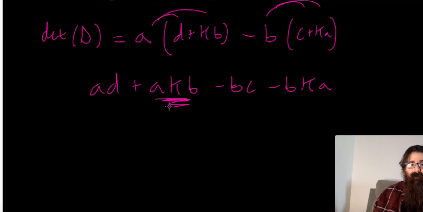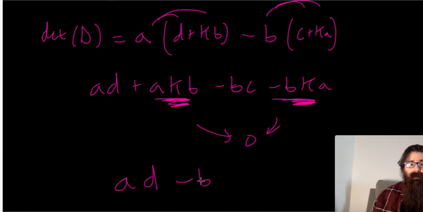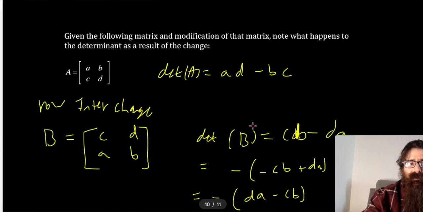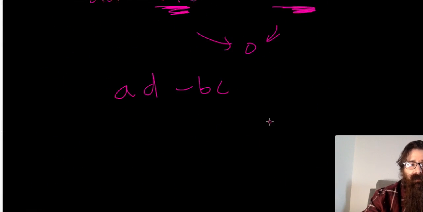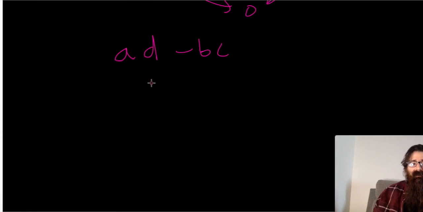A times K times B and minus B times K times A are really the same product, but I'm subtracting it. That's going to cancel. These two give me 0. So I'm left with A times D minus B times C, which is interesting. What was that? That was the determinant of the original matrix A. So this is equal to the determinant of A.